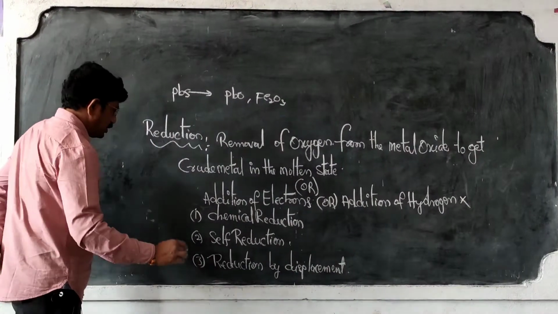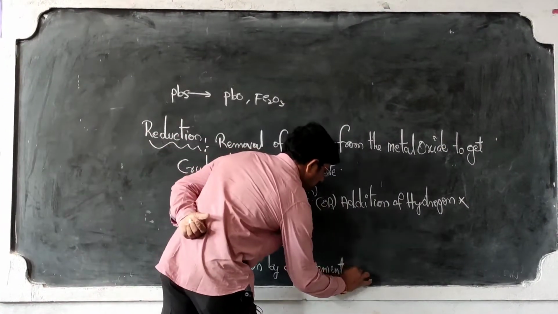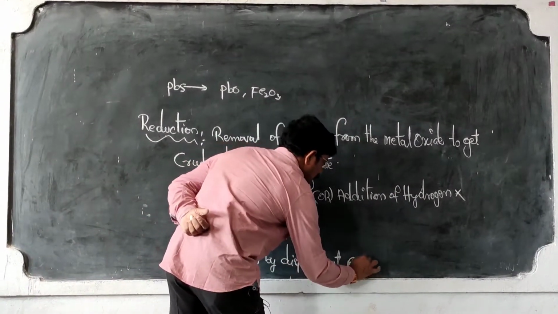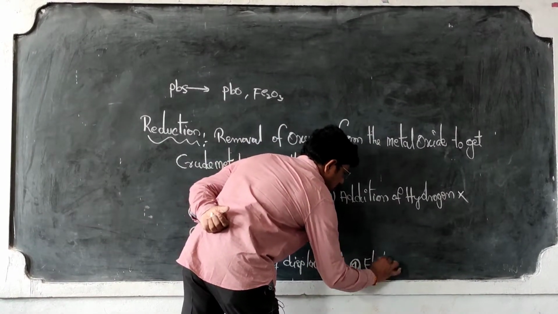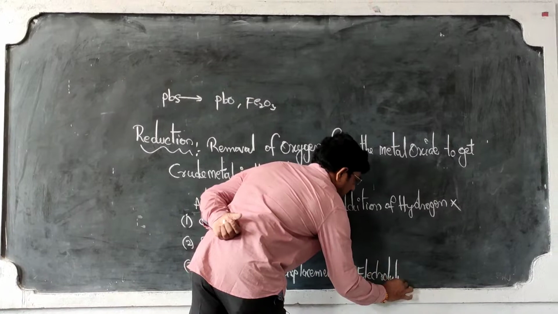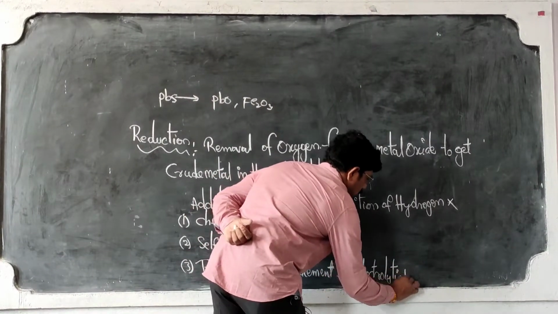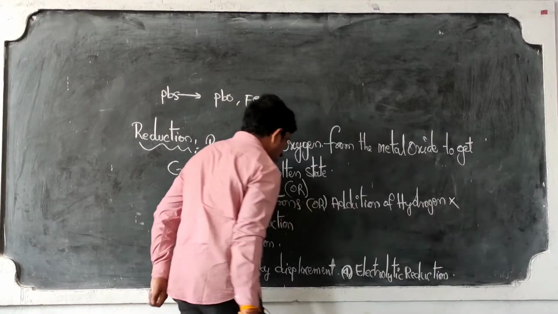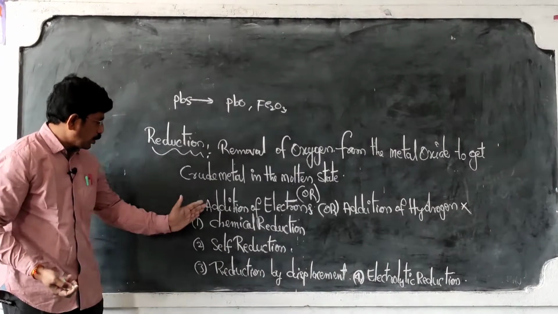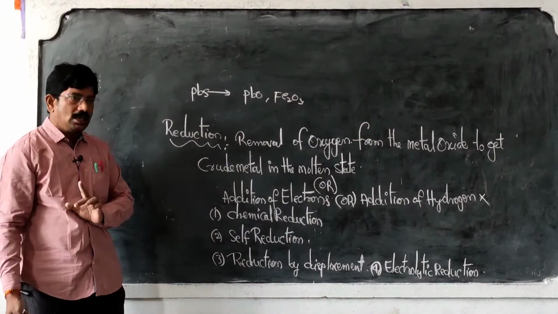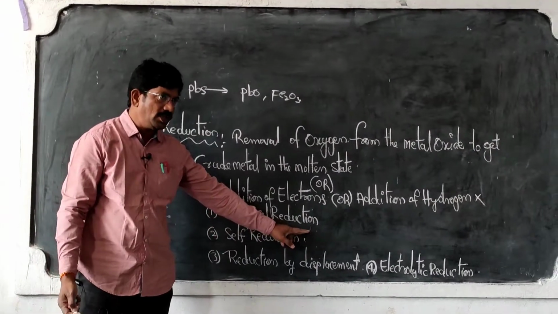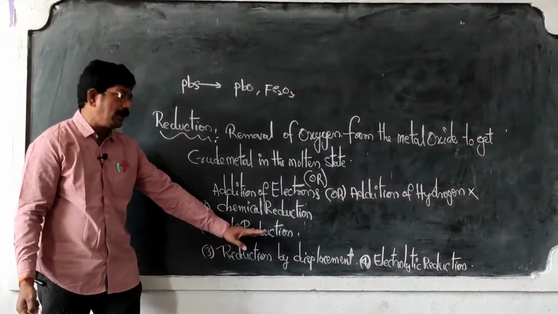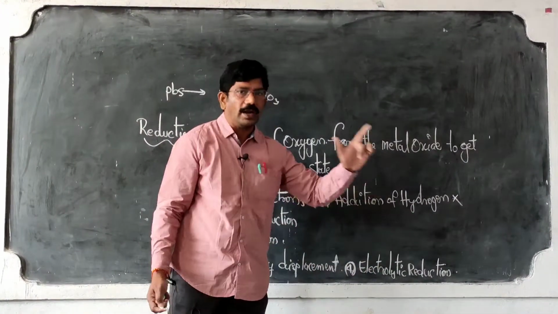The fourth one is electrolytic reduction. So, these are the four methods we are going to discuss in this reduction process: chemical reduction, self-reduction, reduction by displacement, and electrolytic reduction.